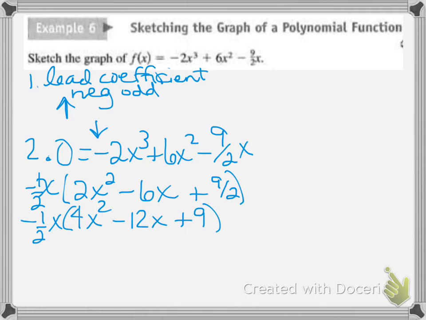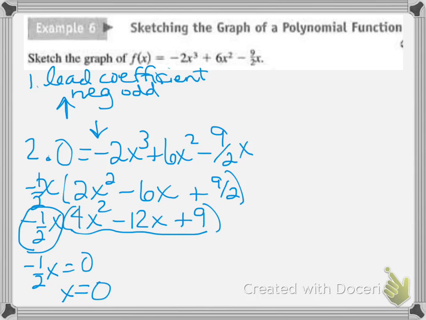Okay, so we set this equal to 0, and that gives us 0, so our first x-intercept is 0. Then we got to go to this, and luckily enough for us, this is a repeated binomial.